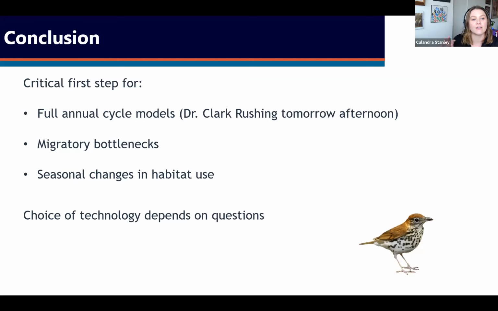We can also start identifying migratory bottlenecks like we saw during the spring migration in the Gulf of Mexico, and start asking more fine scale questions about seasonal changes in habitat use and niche tracking. And really the choice of technology is going to depend on your specific research interests and questions. And that is it for me.